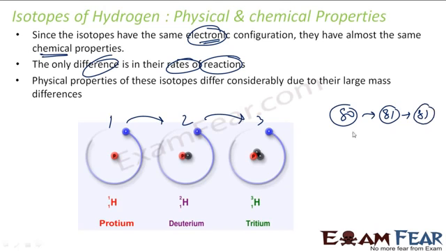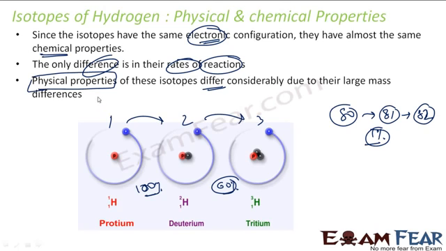The relative atomic mass difference is less, not even 1%. But here it is 50% or 100%: 1 became 2, and 2 to 3 is almost 60%. The difference is huge in percentage terms, and that's why the physical properties differ in the case of hydrogen isotopes.